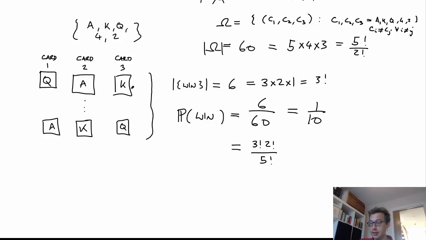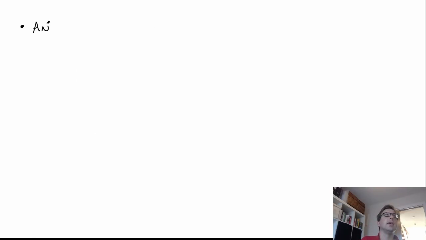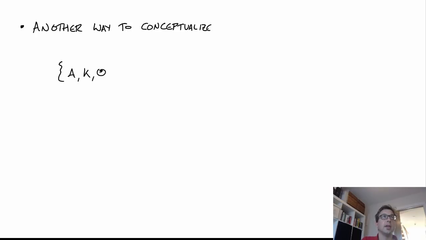Another way to conceptualize this and write out a slightly different state space is as follows. Again think of the dealer having an ace, a king, a queen, a 4 and a 2, and then rather than having 3 places for the cards, you've got your hand.